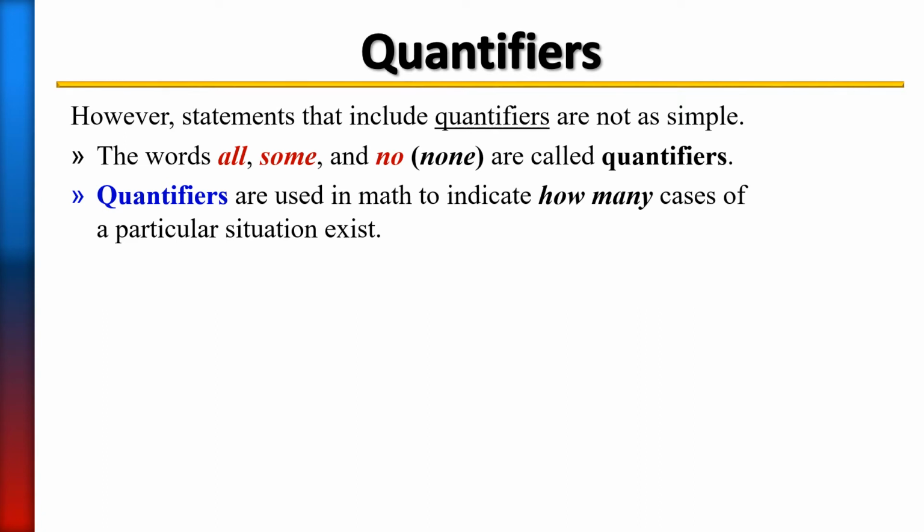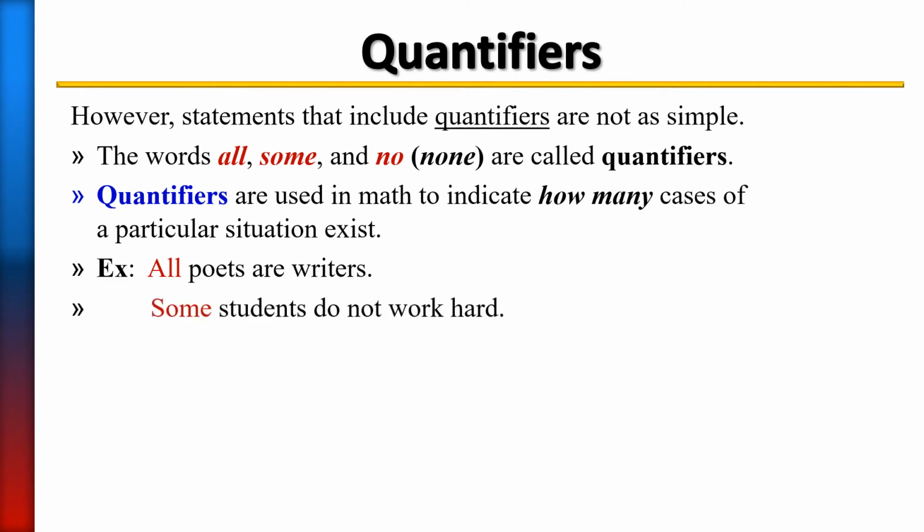Examples of sentences that include quantifiers are: all poets are writers. Some students do not work hard. No rain fell in Washington today. Notice all, some, and no in these cases are what we call quantifiers.